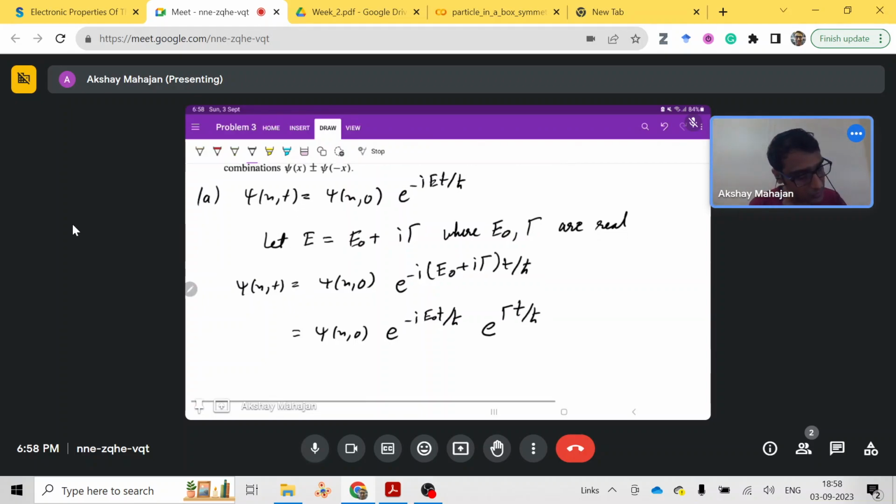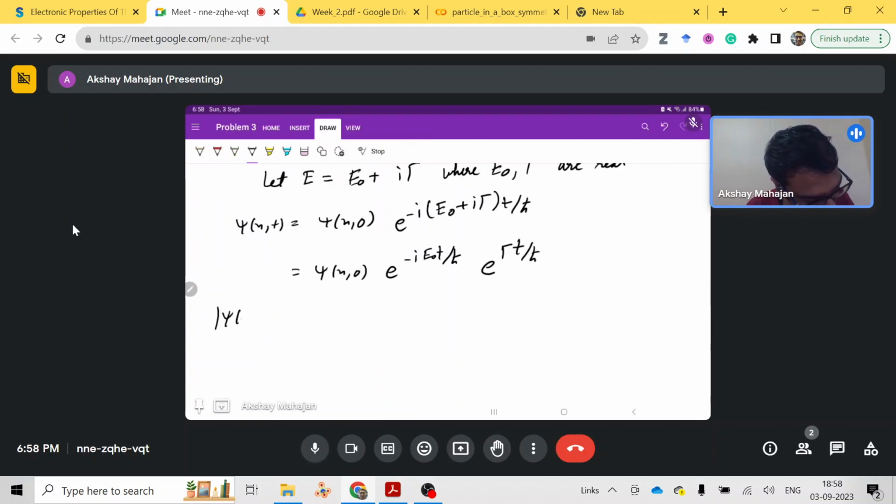Now mod of psi x comma t whole square, the probability density, is given by mod of psi x comma 0 square, and e to the power minus iota plus iota will just give us 1, and what we will have is e to the power 2 gamma t by h cross.